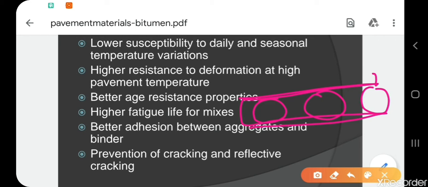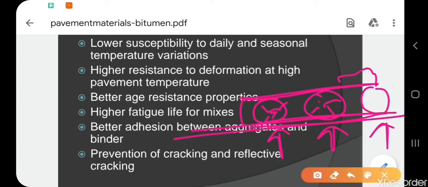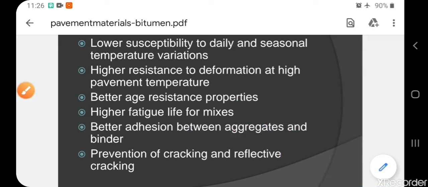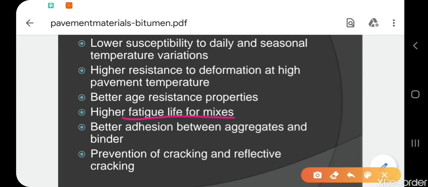Assume this is our vehicle, this is our road, and these are the wheels of the vehicle. When there is continuous movement of wheels over a particular point with respect to time, that type of load is known as fatigue load, or a series of cyclic loads. About 90% of the loads on the road surface are expected to be fatigue loads only.